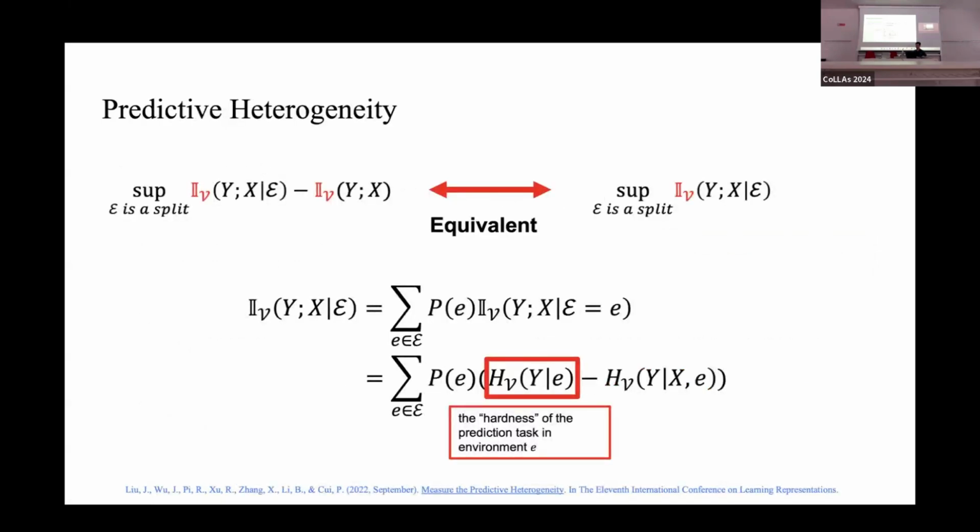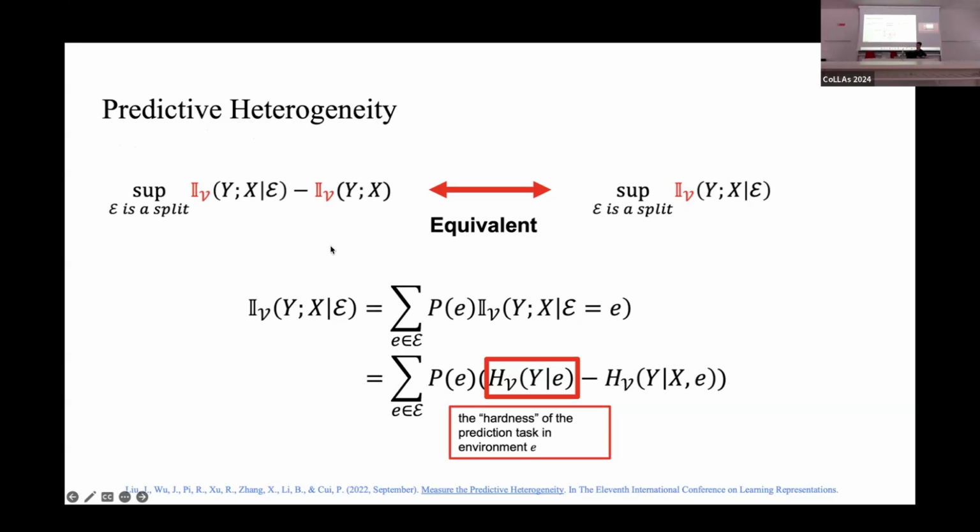From our definition of predictive heterogeneity, we can see that the second term does not rely on E. So during optimization, we do not have to care about this term; it's only about how to maximize the conditional mutual information by learning some kind of split. Here we expand this equation.